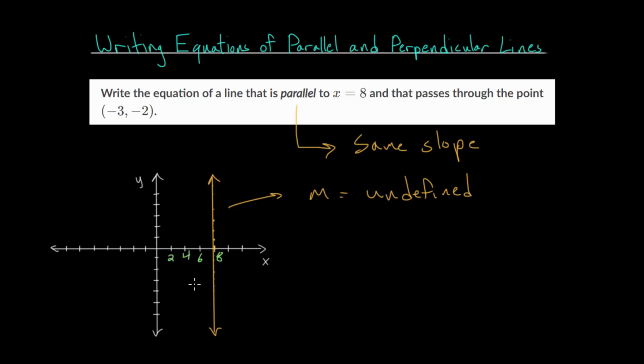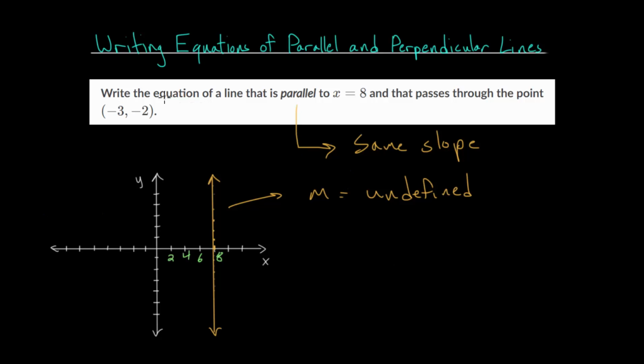It's the only type of line that has this condition to it. But that's okay, because we can determine, since our line is parallel to this, that the line we're looking for would also have an undefined slope. They're still equal, they just don't have a defined value to them.